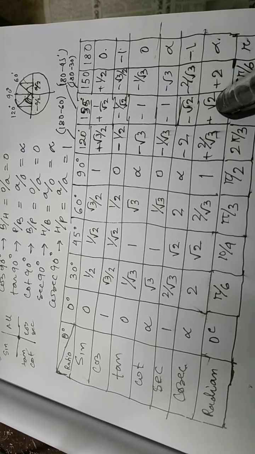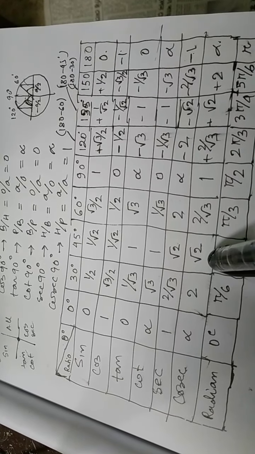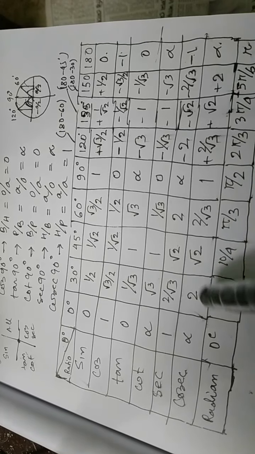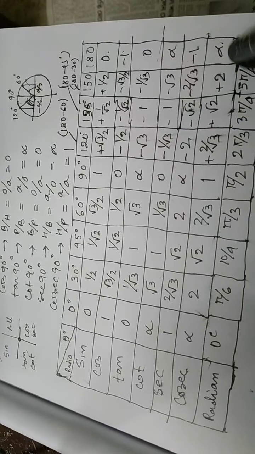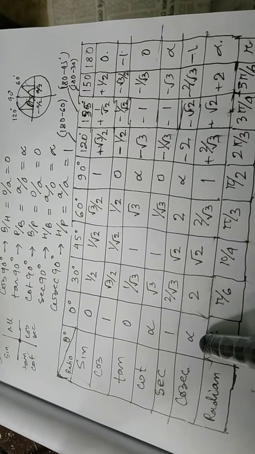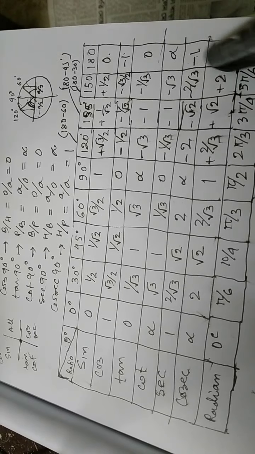For 135, choose the column 45. For 150 degree, choose the column 30 degree. And for 180 degree, choose the column 0 degree, and after that you can easily find the value.